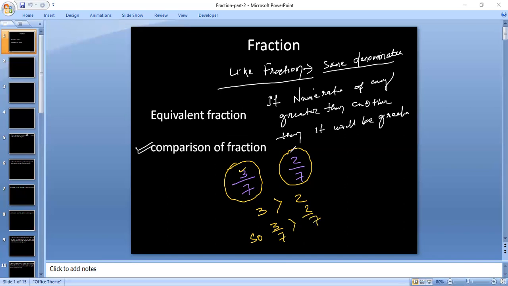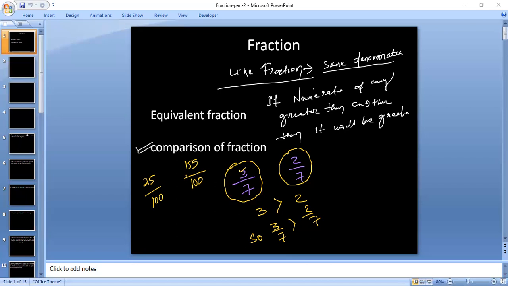So take another example. 25/100 and 155/100. Here also both fractions are like fractions. Then you should focus on the numerator.